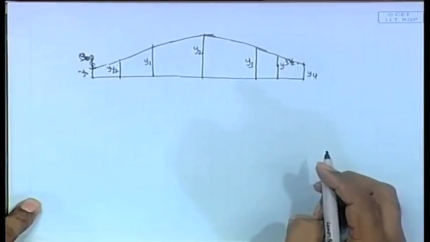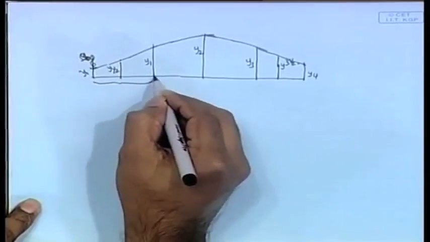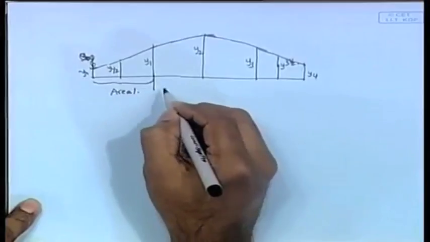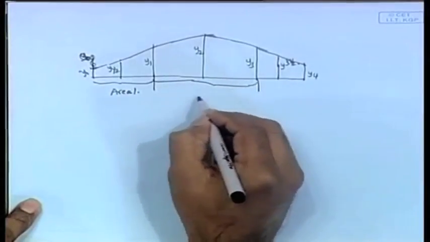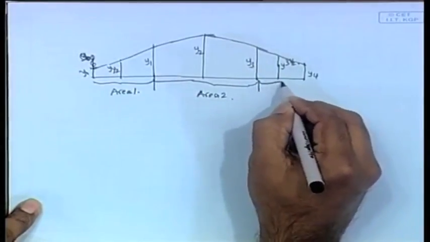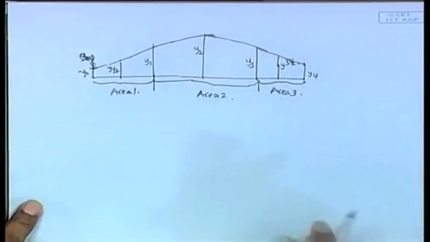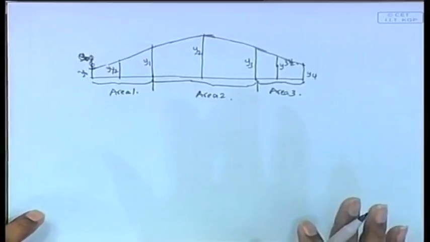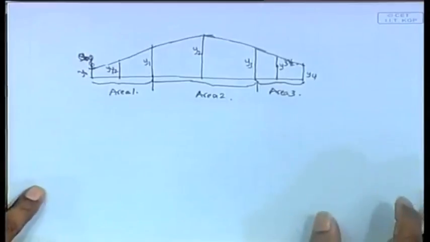The simplest method is to first take these 3 points and find the area of that, area 1, then take these 3 points and find the area of this, area 2, and take these 3 points and find the area of this, area 3. So, we have split the whole problem into 3 sections, and since our goal is to find the area, we will just add these 3 areas.